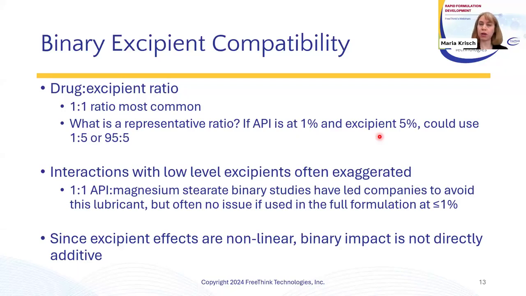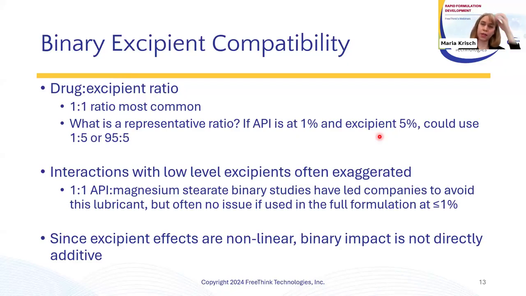So you could make a good argument for saying, okay, a 1:5 ratio is representative, right? Because that is representative of the ratio of the API to the excipient in the larger formulation. But you could also say, well, the excipient is only present at 5%, so 95:5 is representative, because in this case, the excipient is at 5%, and that's what it is in the formulation.